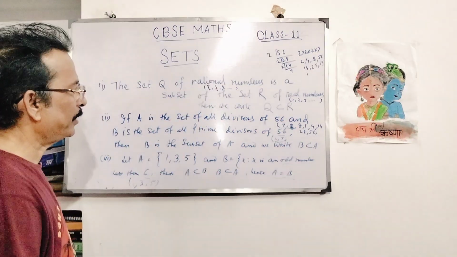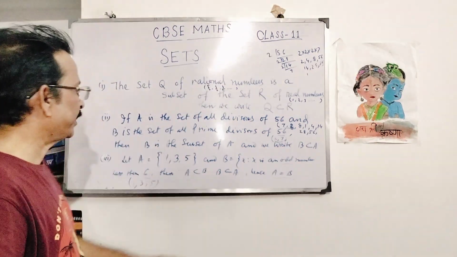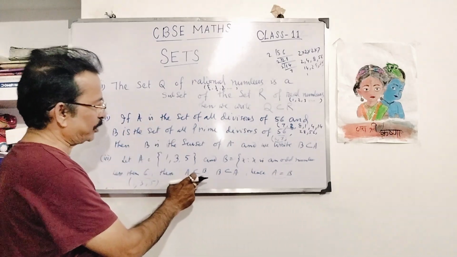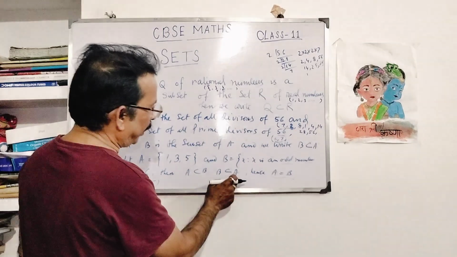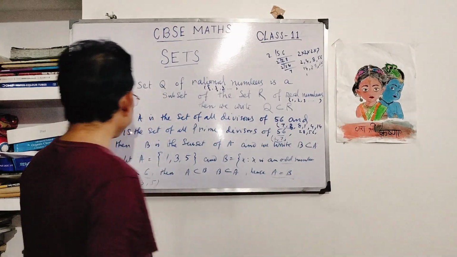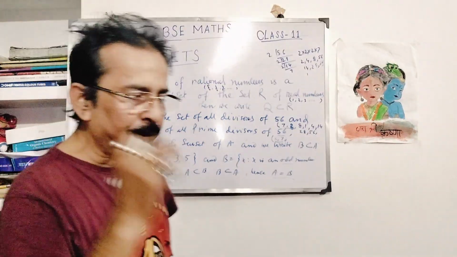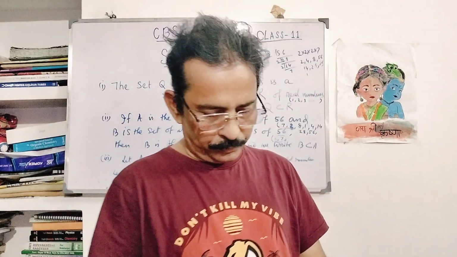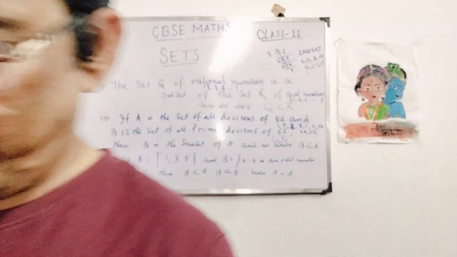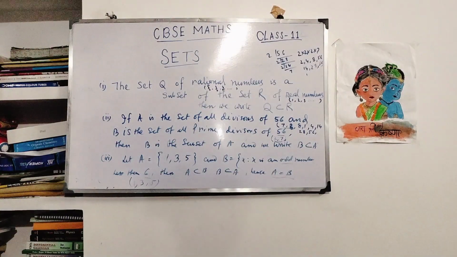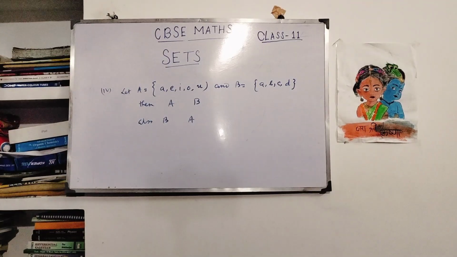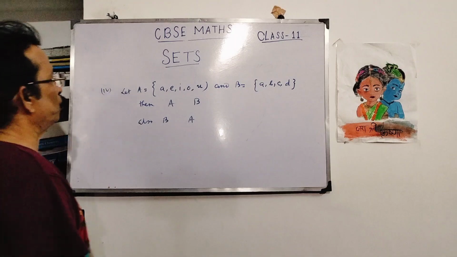When we write A is equal to B, here are 3 points to be noted: A is a subset of B, B is a subset of A, hence A is equal to B. These are the 3 main characteristics of subsets. Here is a point also to be noted, my dear students.